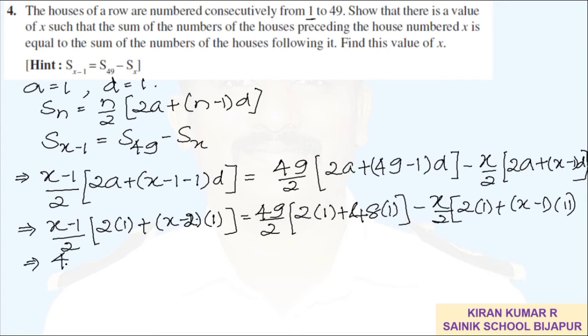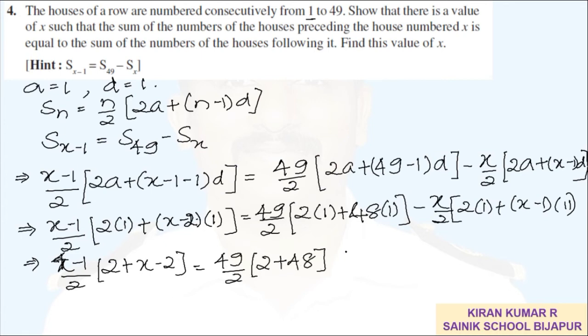So we get x minus 1 by 2 multiplied to, this will become 2 plus x minus 2, equal to 49 by 2 multiplied to 2 plus 48, minus x by 2 times of 2 plus x minus 1.